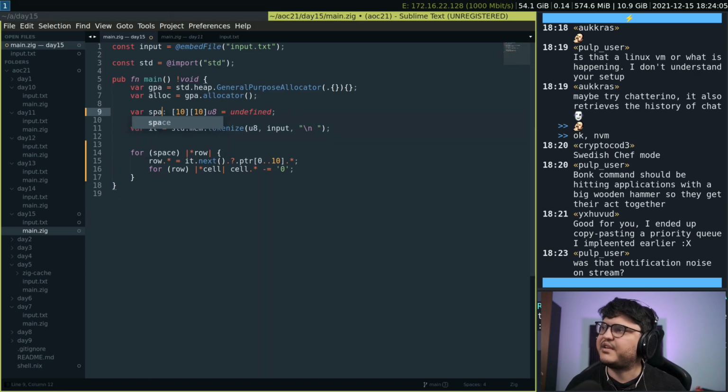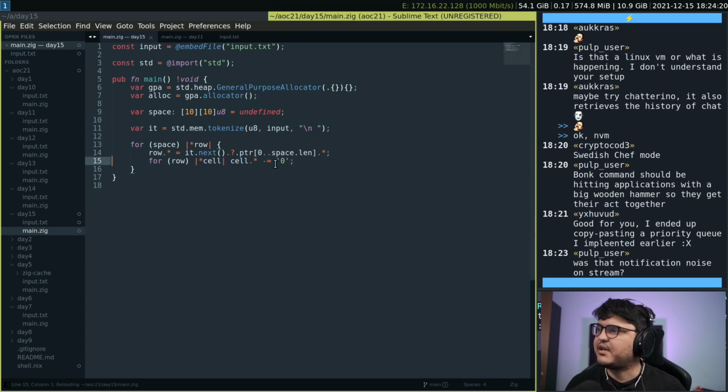I also like space. Okay, so that's our space. For each row in the space, let's not hard code 10. I saw that my input is bigger, so let's use the dimensions of space in this case. So we copy everything over, and then for each thing we remove the 0.